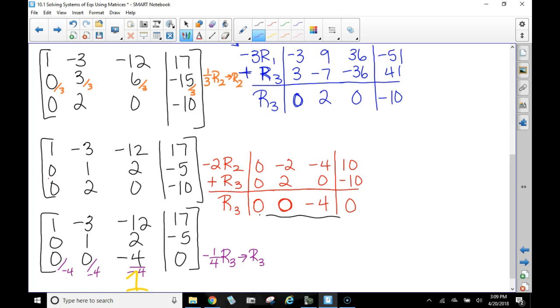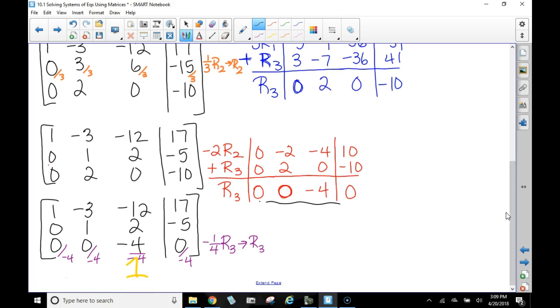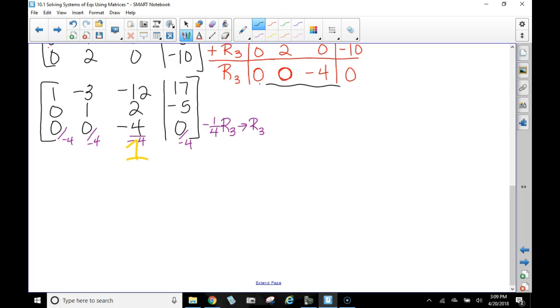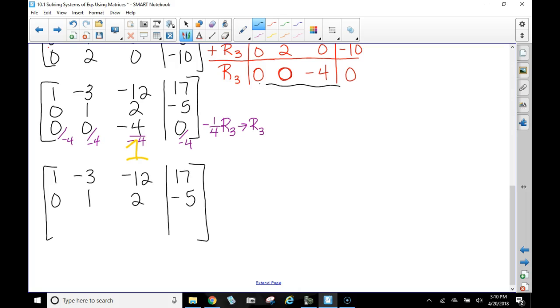So that gives us the 1. This is not all that exciting, but it needs to be done because we need that 1 down there. Row 1 is still 1, negative 3, negative 12, 17. Row 2 is still 0, 1, 2, negative 5. Now row 3 is 0, 0, 1, 0.